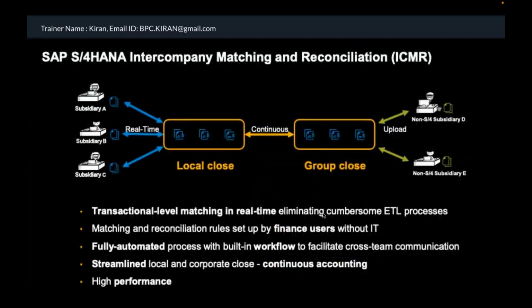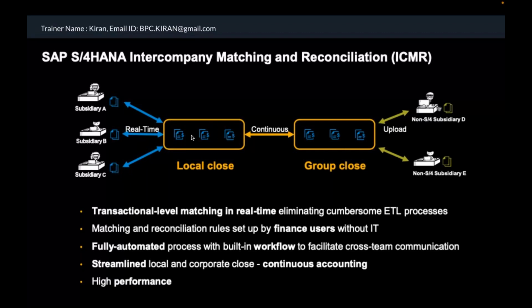Another capability of group reporting is intercompany matching and reconciliation. On the S4HANA side, you will get real-time intercompany matching and reconciliation, local close. So real-time data you are going to get for subsidiaries A, B, C. In the group reporting side, whatever intercompany transactions for non-SAP companies, we can load.